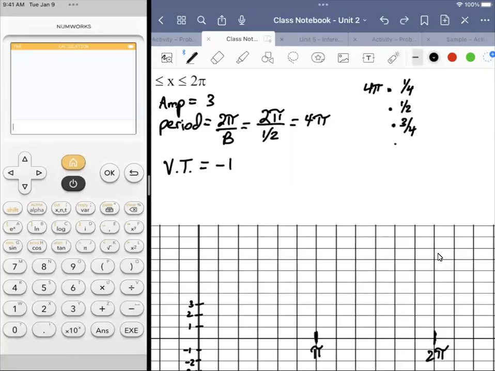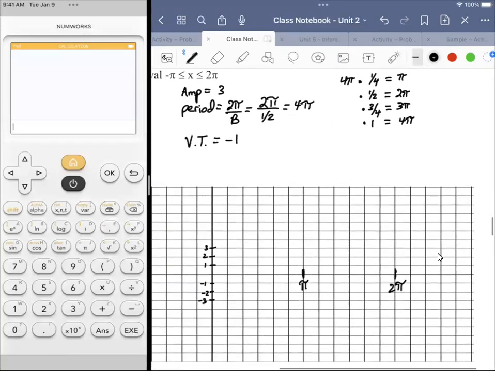All right, so 4 pi multiplied by each of these. So 4 pi times a quarter is pi, times a half is 2 pi, times 3/4 is 3 pi, and times 1 would be 4 pi. Now our domain caps off at 2 pi, so that's the farthest we'd have to go.